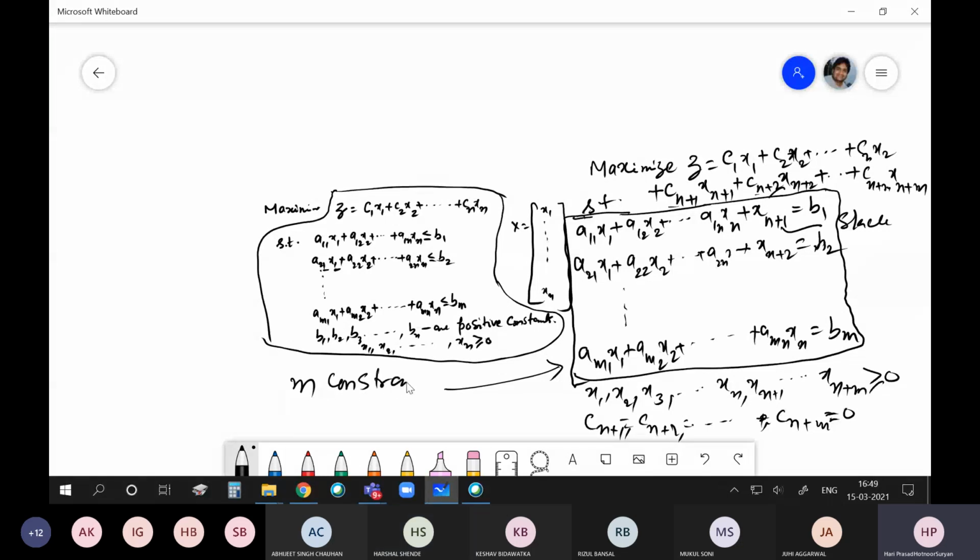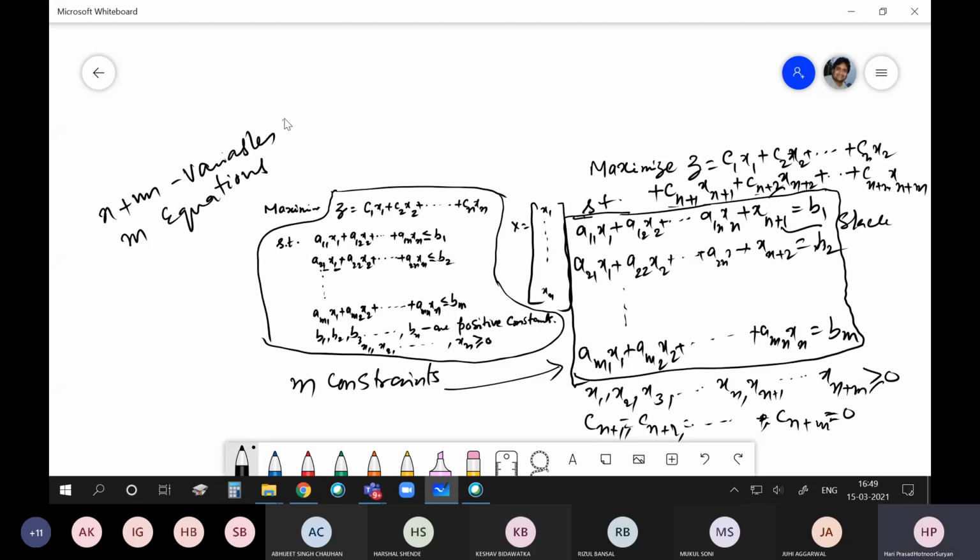How many variables are there now, by the addition of the slack variables? You have n plus m variables, but you have m equations.